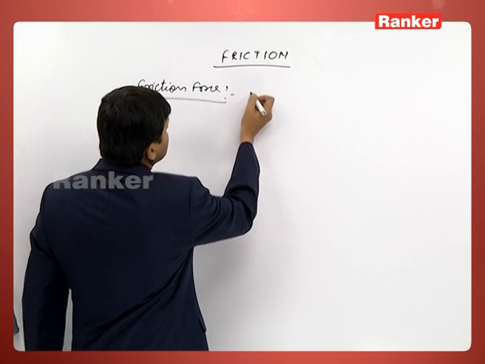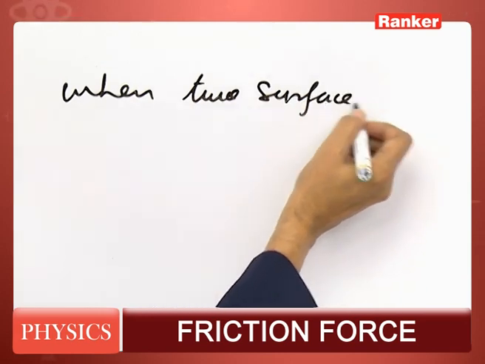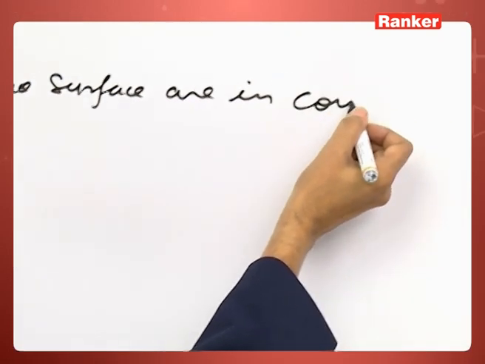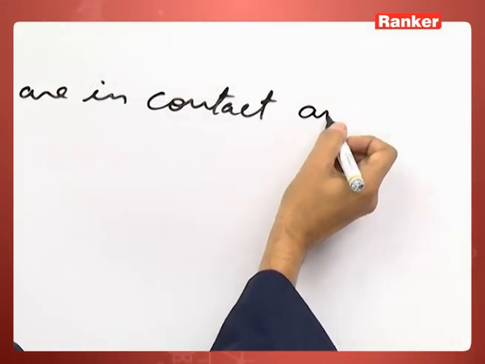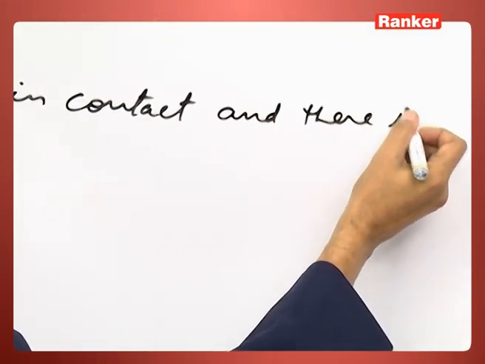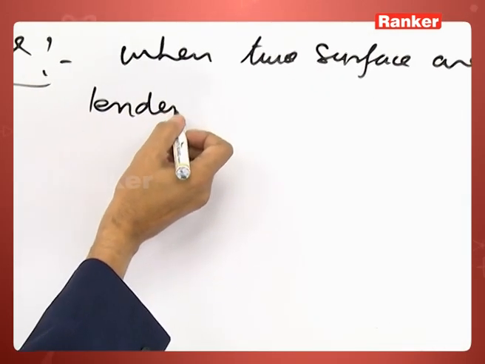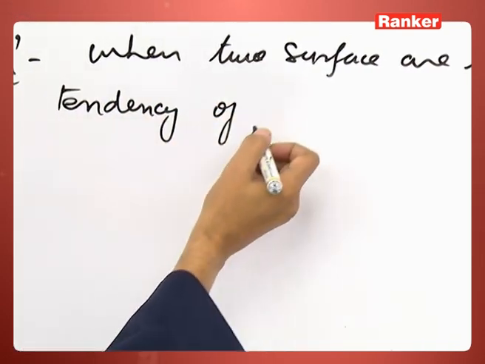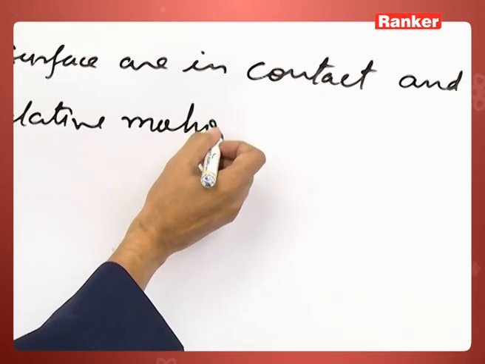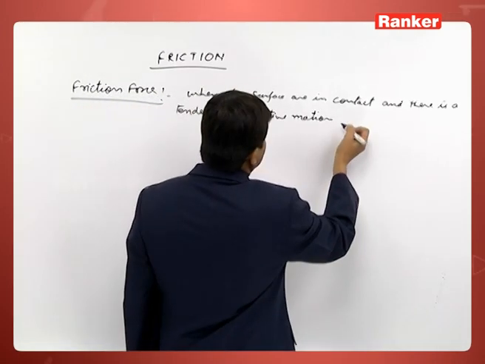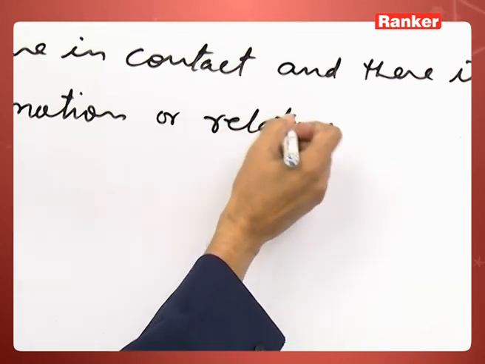So we can say, when two surfaces are in contact, and there is a tendency of relative motion, or relative motion between the two surfaces is there.